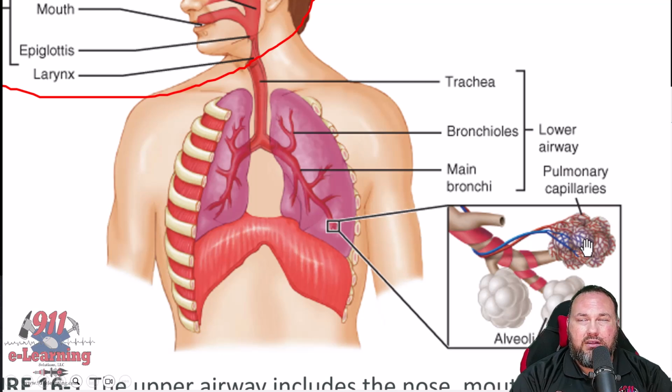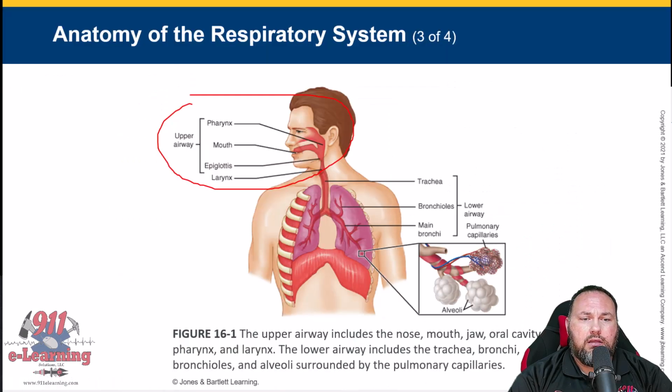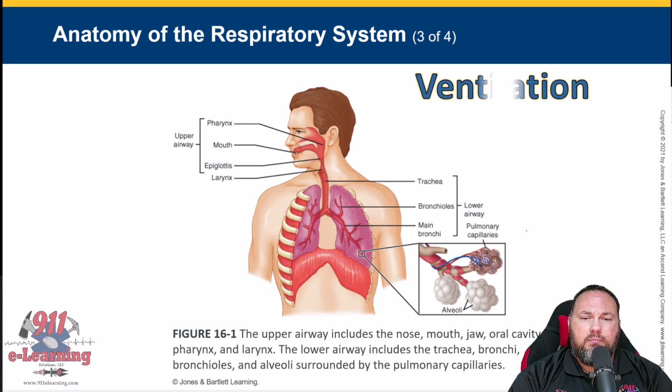Remember, the alveoli are only 1 cell thick. This is where oxygen and carbon dioxide exchange themselves. So keep in mind, there are two different things that we talk about. One of them is ventilation.